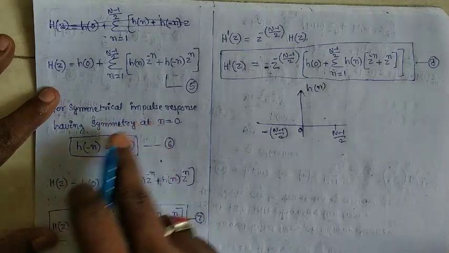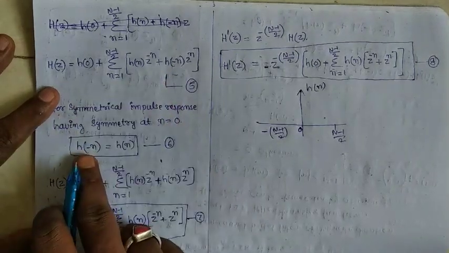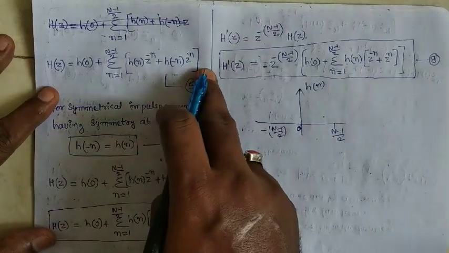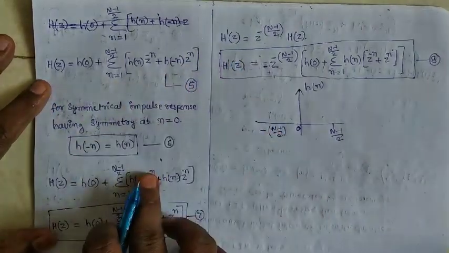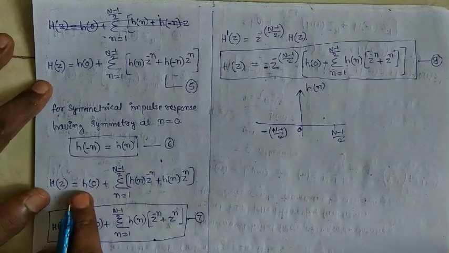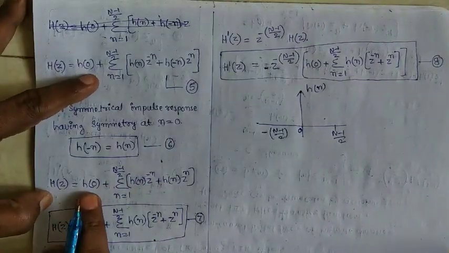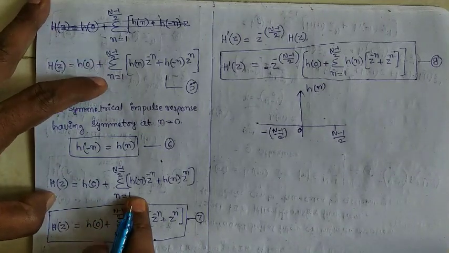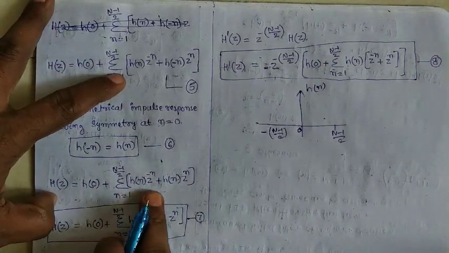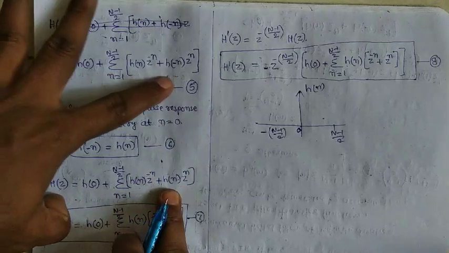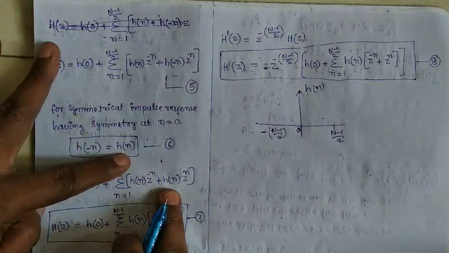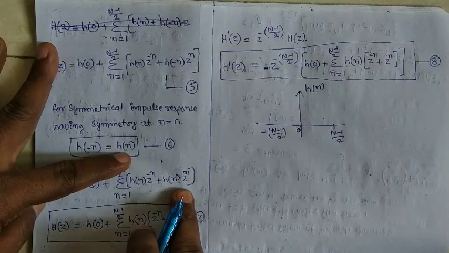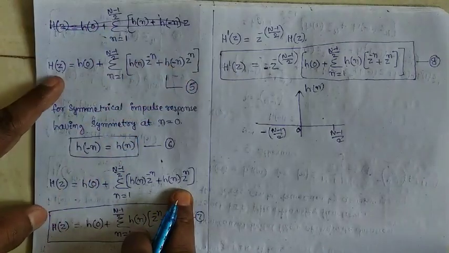Now this is equation 5. We are substituting h(minus n) equal to h(n) in the above equation. That equation becomes H(z) equal to h(0) plus the summation from n equal to 1 to (N minus 1)/2 of h(n) z to the power minus n plus h(n), from the symmetry condition of the impulse response, into z to the power n.